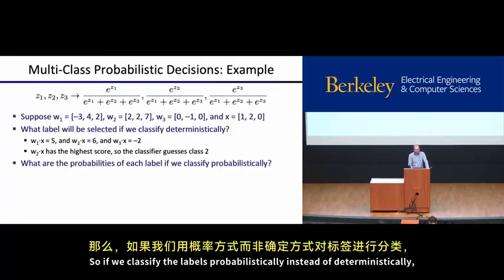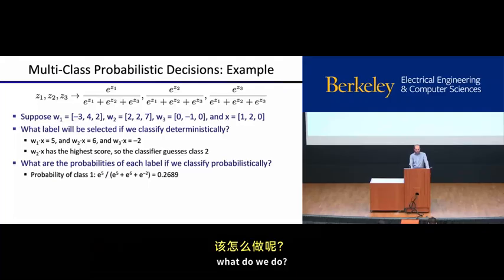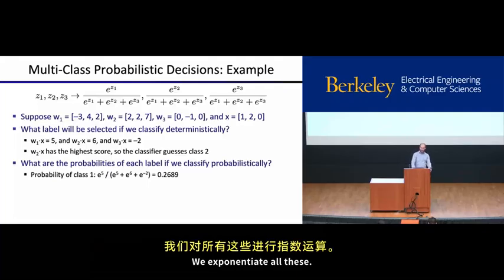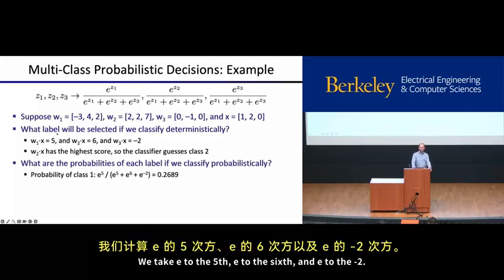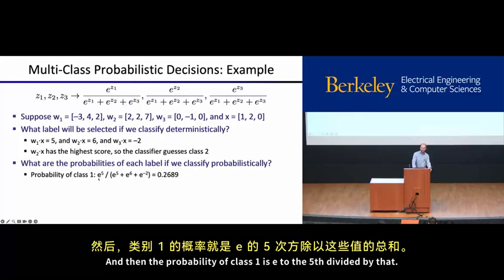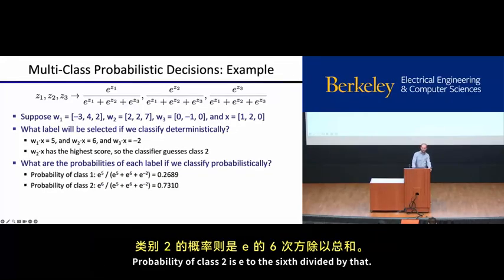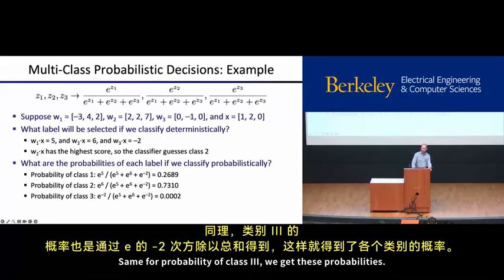Okay, so if we classify the labels probabilistically instead of deterministically, what do we do? We exponentiate all these. We take e to the 5th, e to the 6th, and e to the -2. And then the probability of class 1 is e to the 5th divided by that. Probability of class 2 is e to the 6th divided by that. Same for probability of class 3. We get these probabilities.